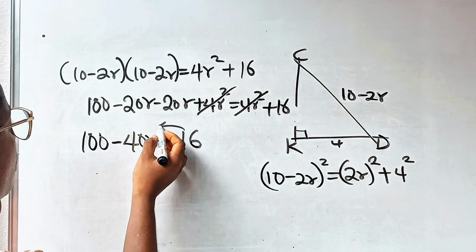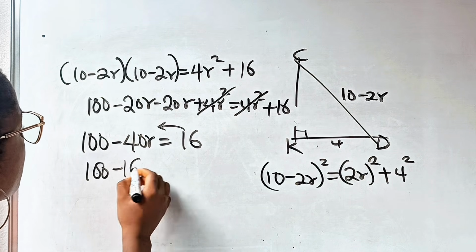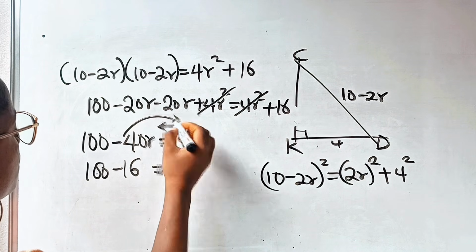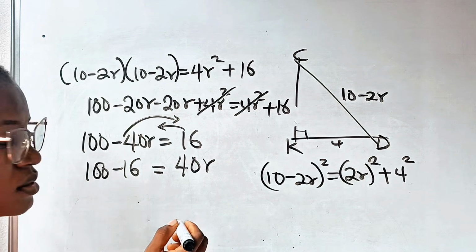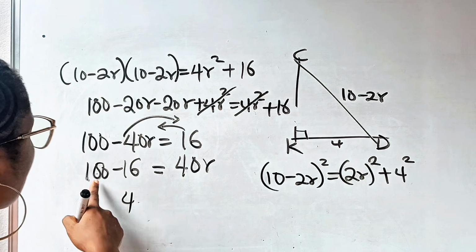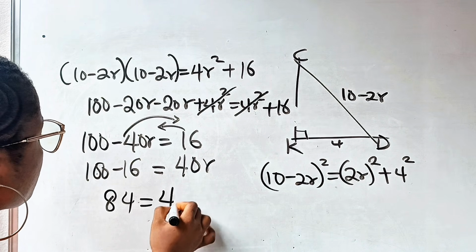So if this comes here, we have 100 minus 16 is equal to, this we go to this side, 40R. So 100 minus 16 will give us 84 is equal to 40R.